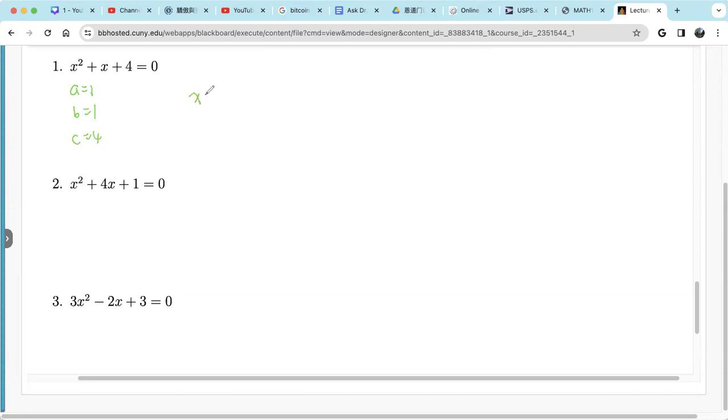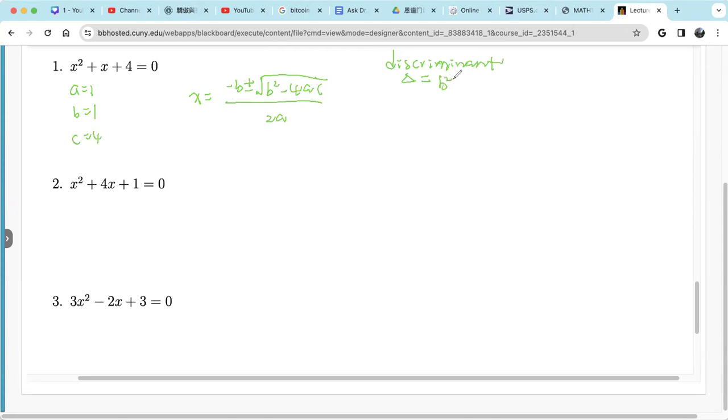Let's write down the formula: x equals negative b plus or minus the square root of b squared minus 4ac, divided by 2a. All right. So b squared minus 4ac, we call the discriminant. It has a name because it's important.